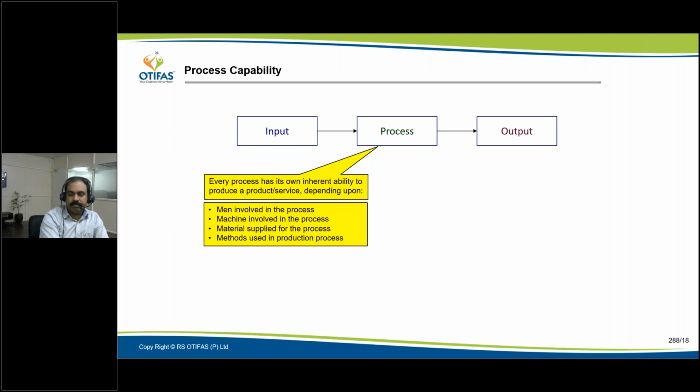The person working on that machine matters. Depending upon the man involved, if you have a small pharmaceutical factory with just 5 crores turnover, and a company like Sun Pharma with more than 1,000 crore turnover, what makes them different? The man involved, the machine involved.